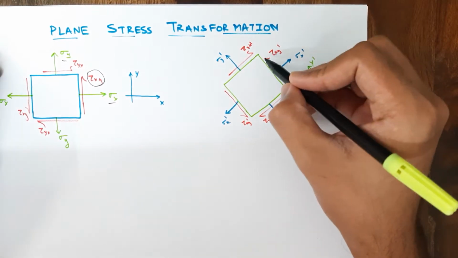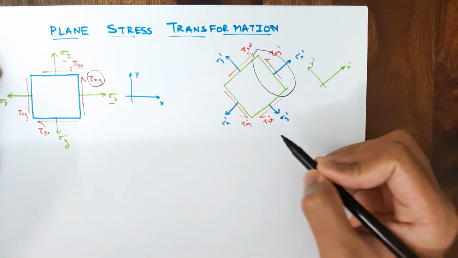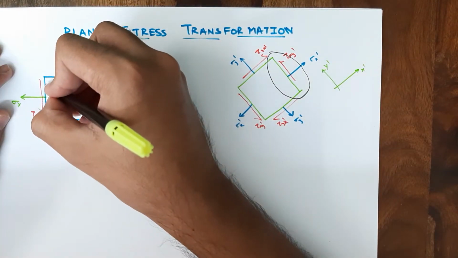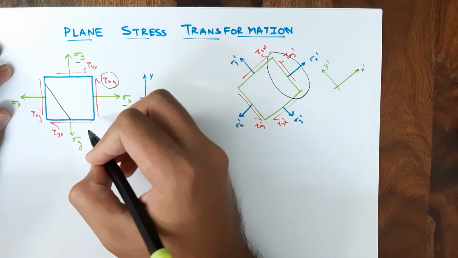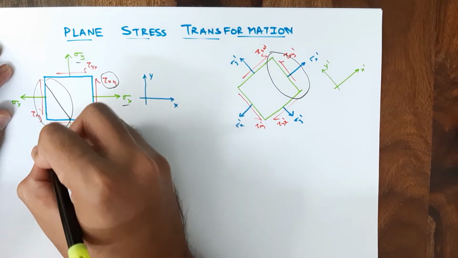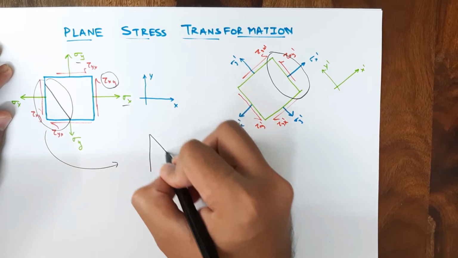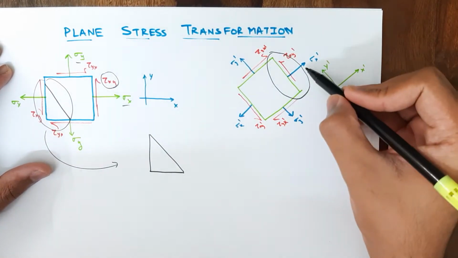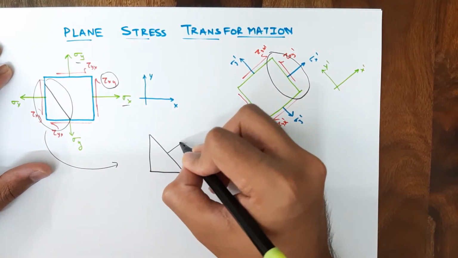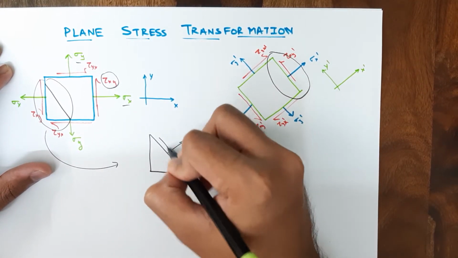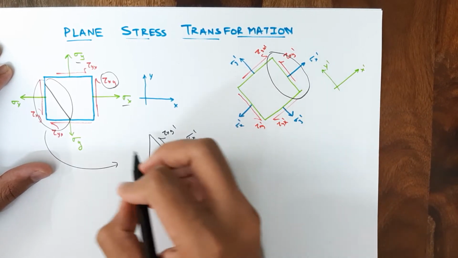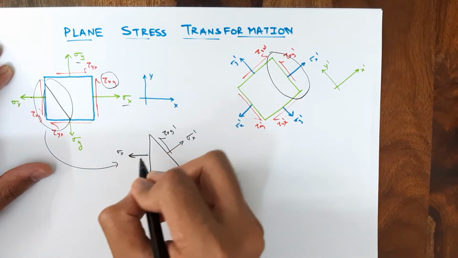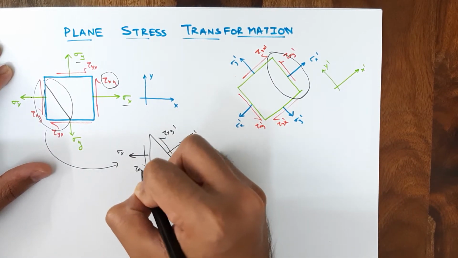So if we take this inclined side and we compare it with this part, we can isolate this part. After isolation it will look like this. The stresses acting on this side will be sigma x dash and tau xy dash, and here on this side we know sigma x is acting and tau xy is acting.